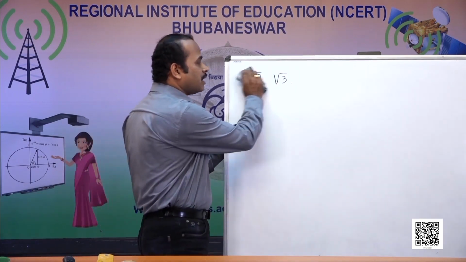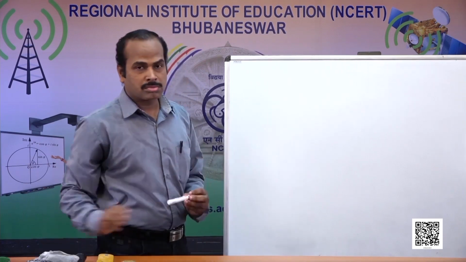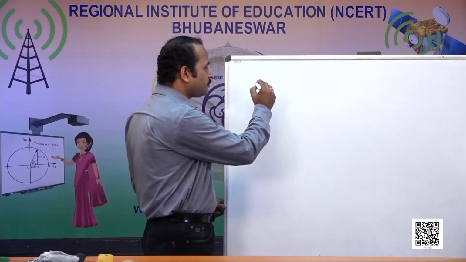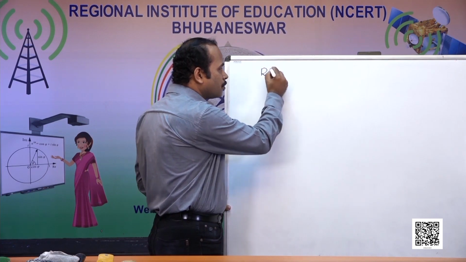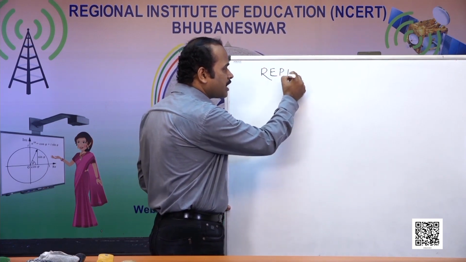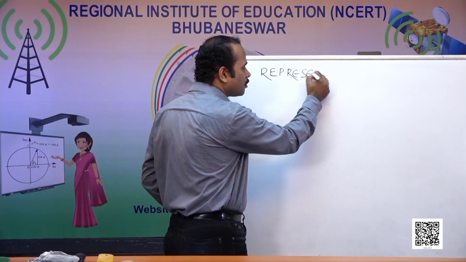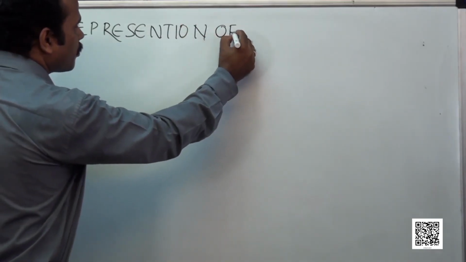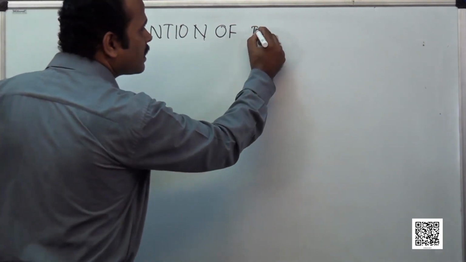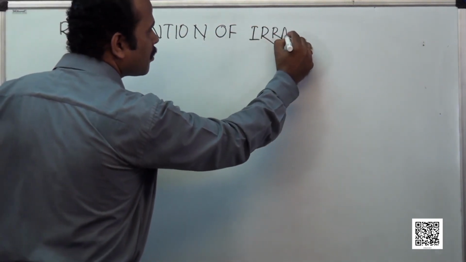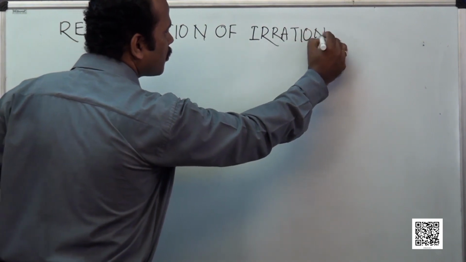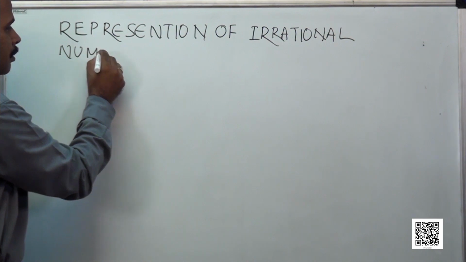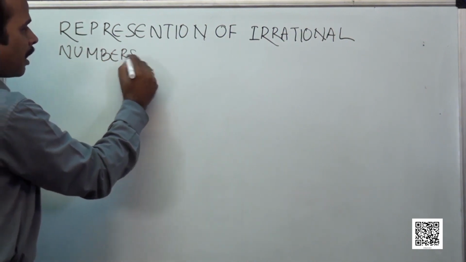I will select a number, let us take root 2. So how to represent root 2 on the number line, let me find. Representation of irrational numbers on number line.